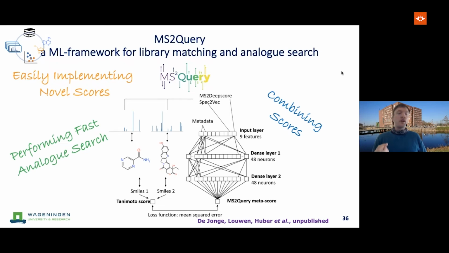It can do really fast analog search, which is a real benefit compared to existing approaches. It will help you to easily implement what I just told you into your metabolomics annotation pipeline. So yeah, still unpublished, but keep an eye out, because we hope to change that this year, towards at least posting a preprint.